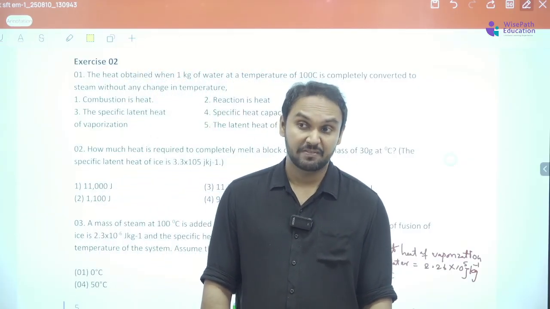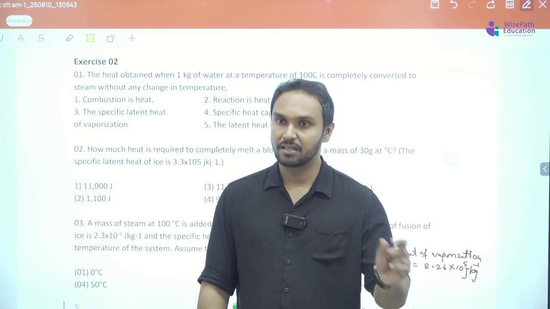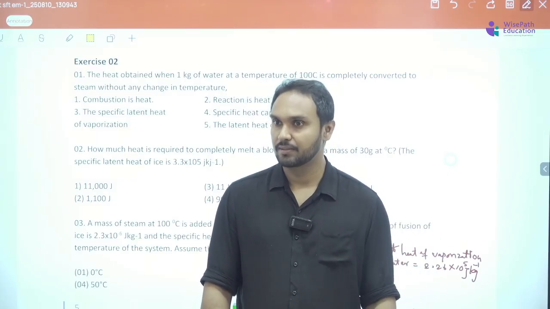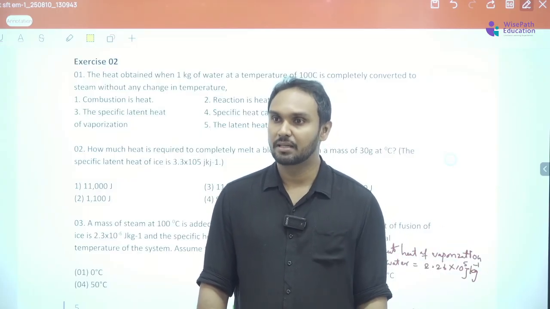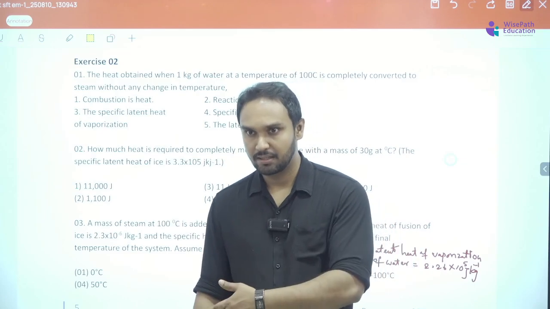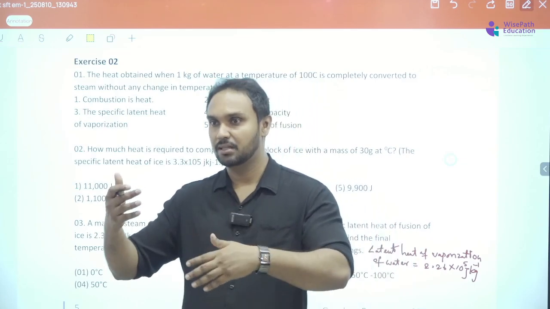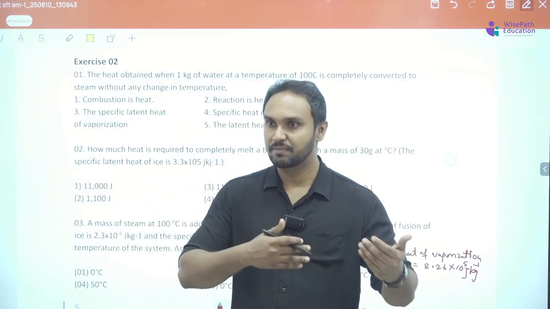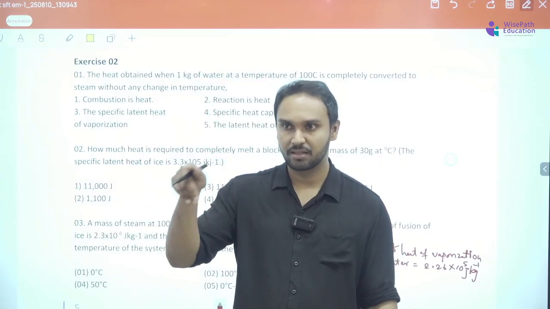If it is specific latent heat, specific means 1 kilogram. Get it? It's the same as specific heat capacity. The heat capacity is per the whole object, and it becomes specific because it considers 1 kilogram.